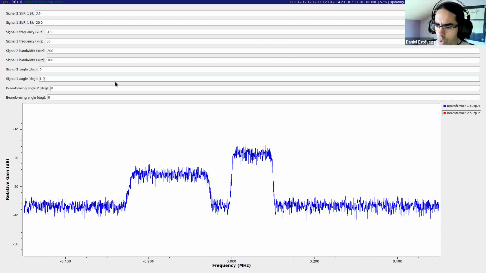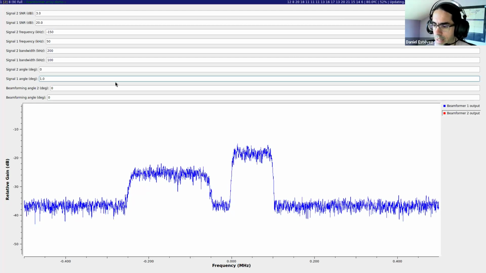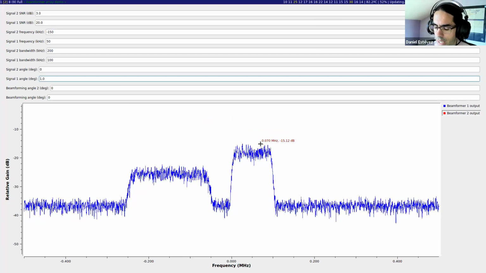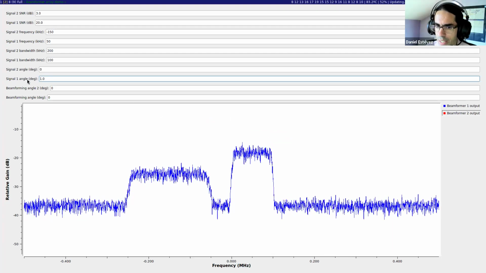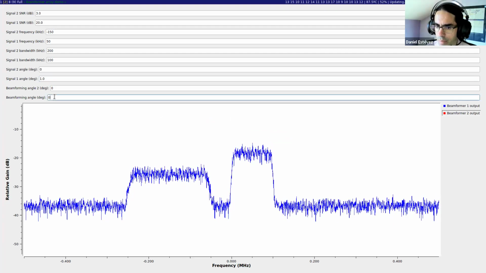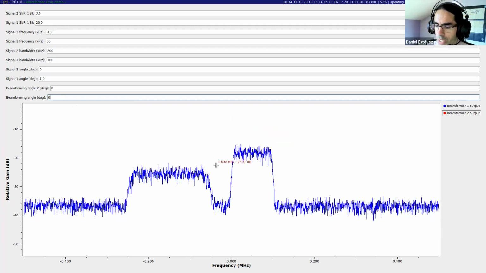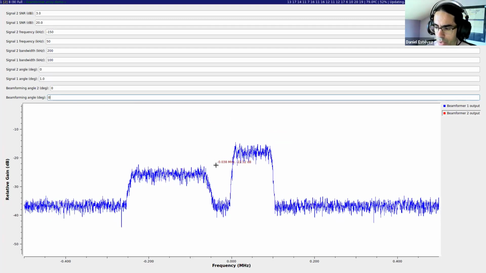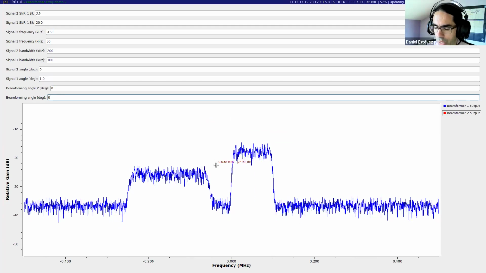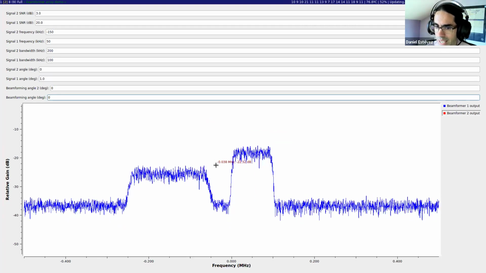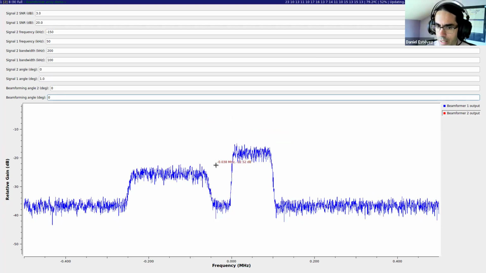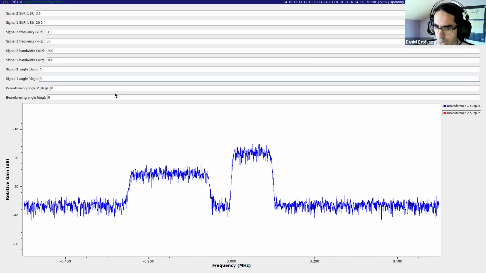So what is happening here? The thing that is happening is that when the signal angle is the same as the beamforming angle, we get all the amplitude increase from the beamformer. We can say that the beamformer is aiming towards the signal, and then that's when we get the maximum amplitude.